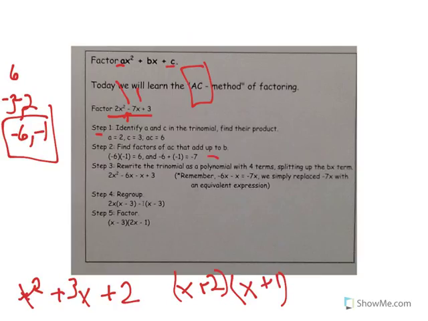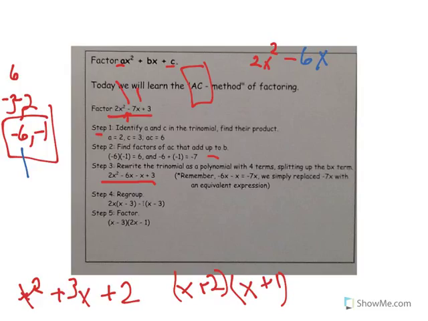And that's what this step is talking about here. So now we're going to rewrite the polynomial, splitting up the terms by splitting up the bx term. And that's what happens right here. So instead, it's going to be 2x squared, just like it was before, but now I'm going to take the value of b, so it's going to be minus 6x.